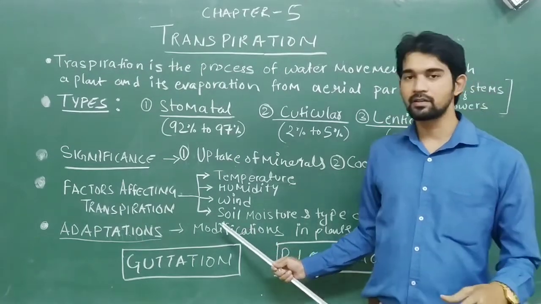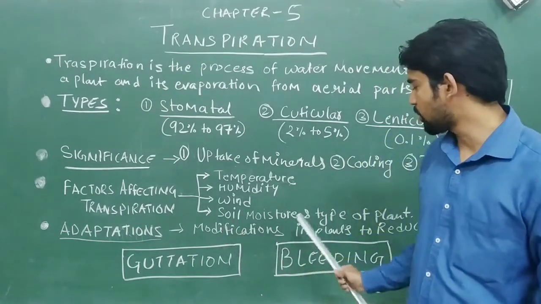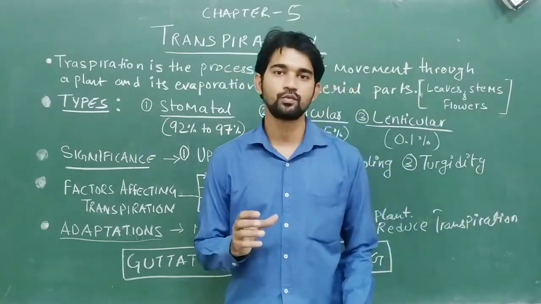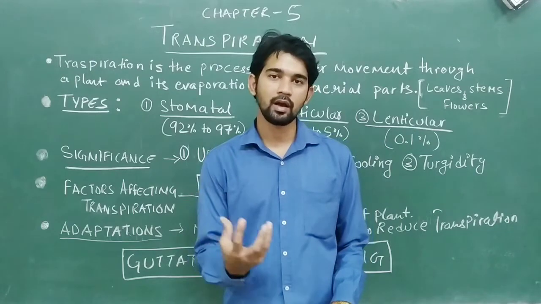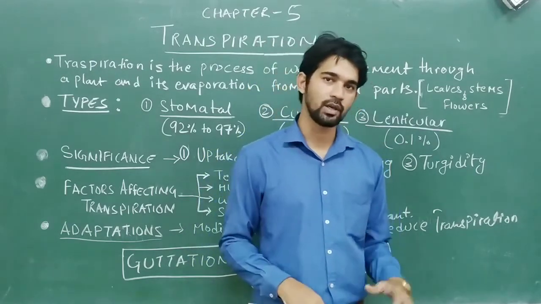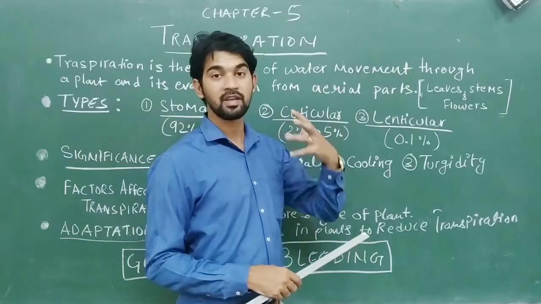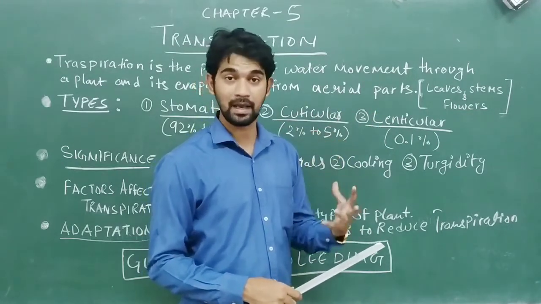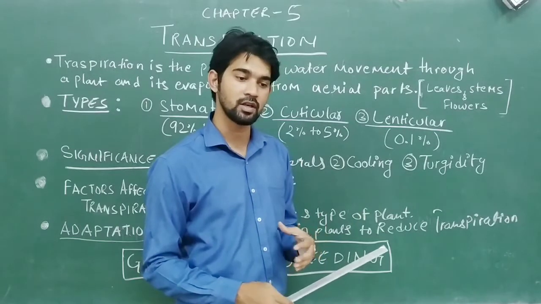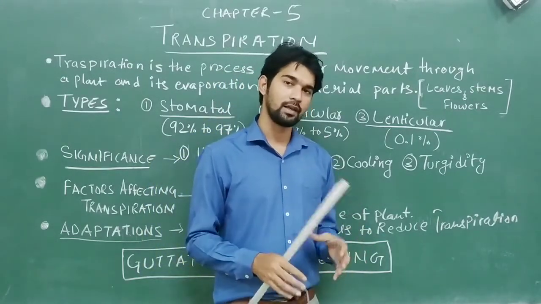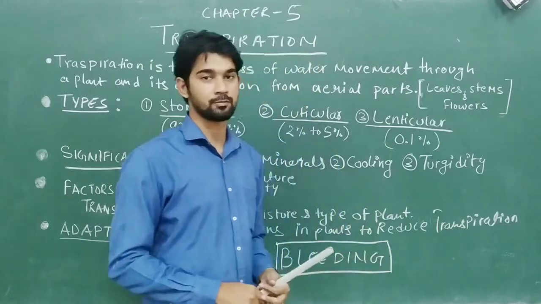The other factors are soil moisture and type of plant. Soil moisture is the amount of water present in the soil, and we know that it is the evaporation of water from the aerial parts of the plant which is known as transpiration. So when there is less water in the soil, there will be less transpiration.